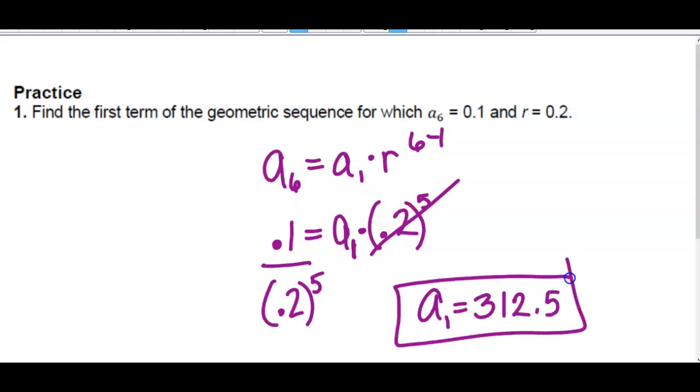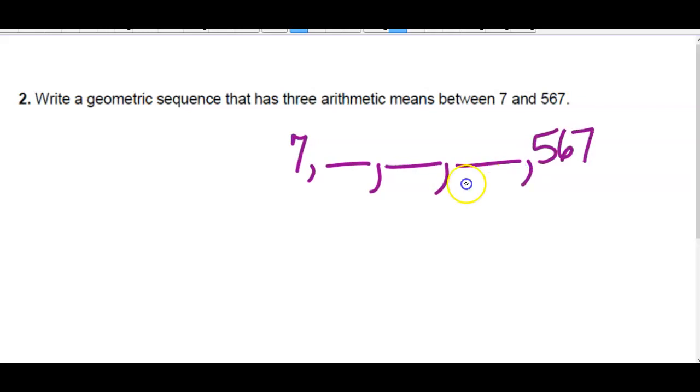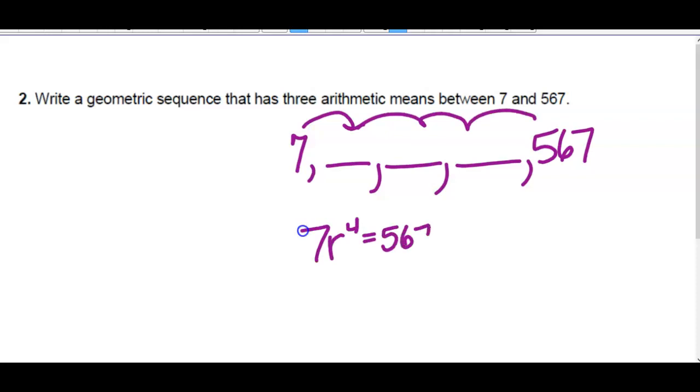Okay, so these are just a variety of geometric sequence questions. This one again has 3 means this time, between 7 and 567. So this time you multiplied by r 1, 2, 3, 4 times to become 567.